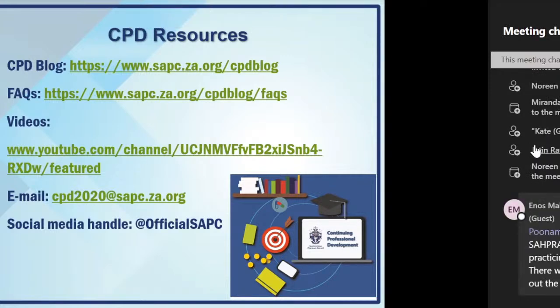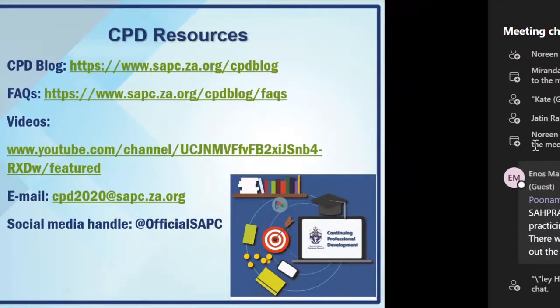So if you cast your picture there, and an inspector of council or an inspector of SAPRA comes to the pharmacy to inspect and would like to see your registration card, or if perhaps your employer wants evidence that you are registered as a practicing pharmacist, this evidence is available on the SAPC website under the finance. It comes with the proof of registration. There's something there that will state if you are practicing or non-practicing.